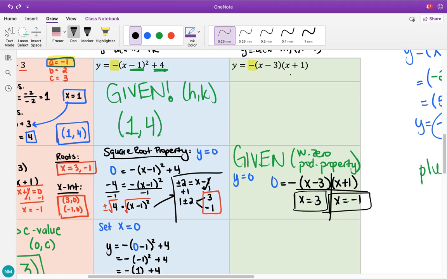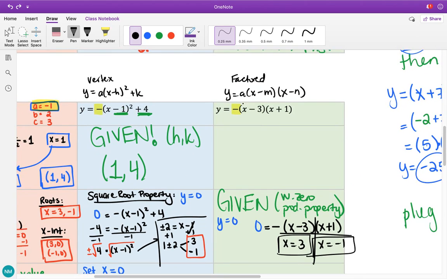Now you need this information to get your vertex. Again, I stress it, you can FOIL it if you want, but I'm showing you how to do it without getting it back into standard form. So if my x-intercepts are -1 and 3, and I know my axis of symmetry is in between them, what value is in between 3 and -1?